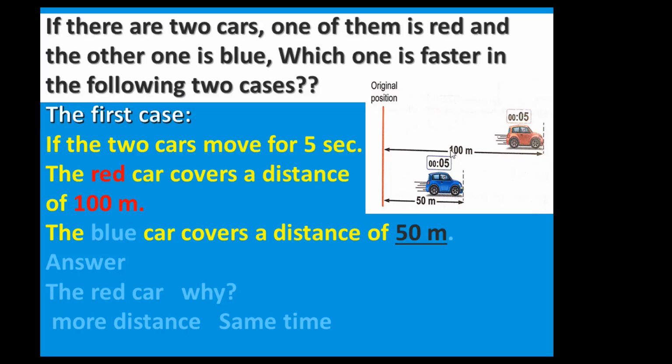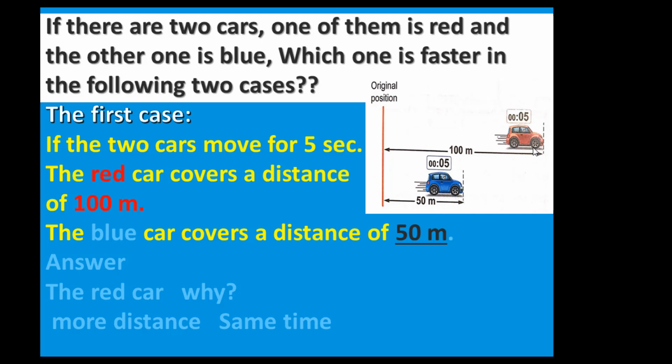Here we have a blue car and a red car. At the same time, 5 seconds, the red car travels 100 meter, the blue car 50 meter. Which is faster and why?